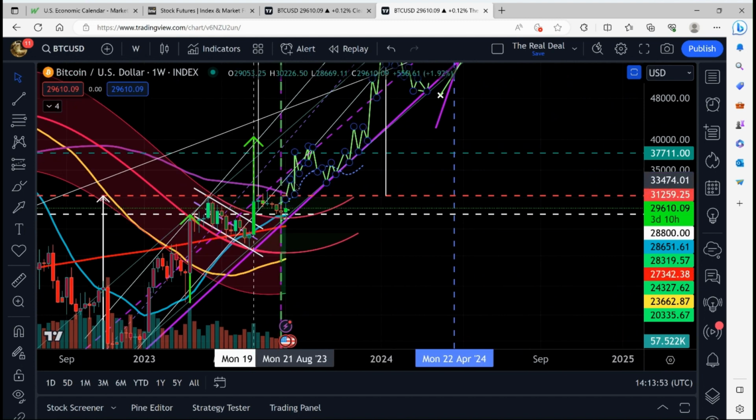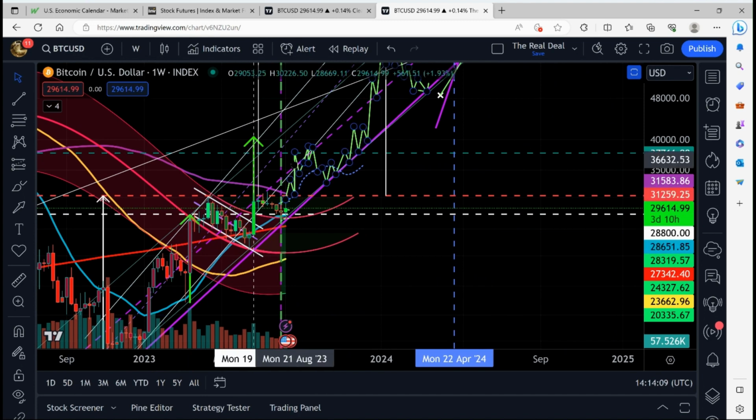So I think we'll briefly hang out there, continue up because of the long consolidation that we've had and the level of support that we've created in this area in the testing.